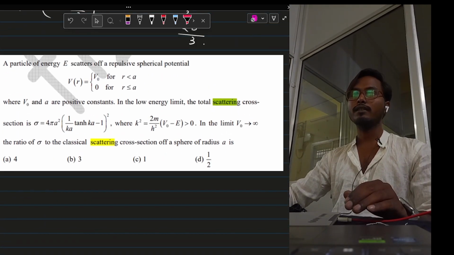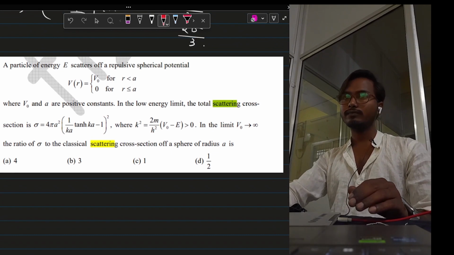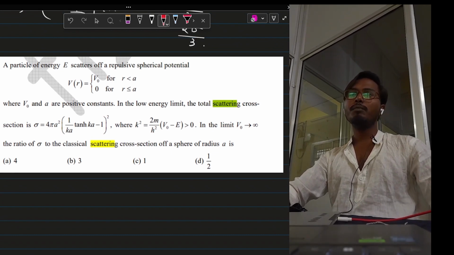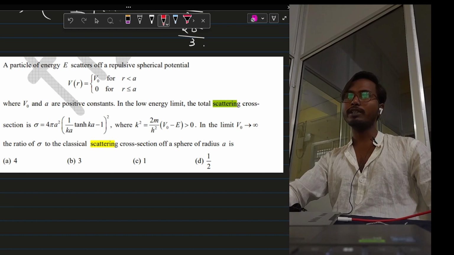Okay, so the problem says a particle of energy E scatters off a repulsive spherical potential. This is the case of a repulsive spherical potential, which in the coursework you must have studied.